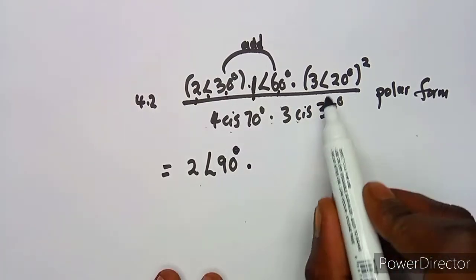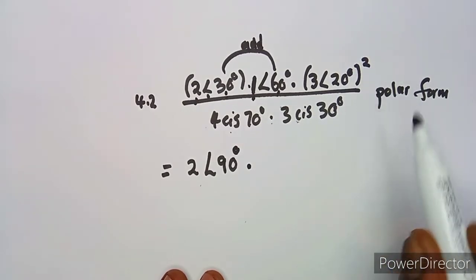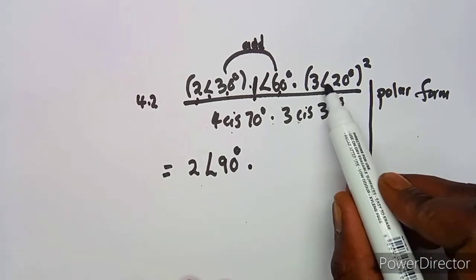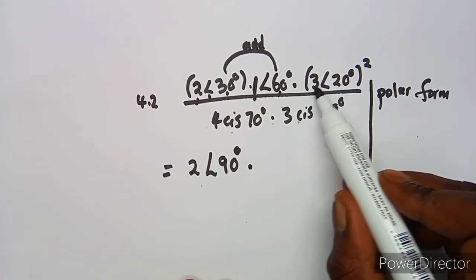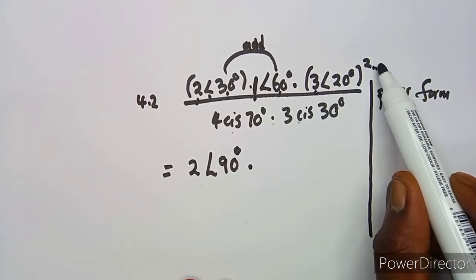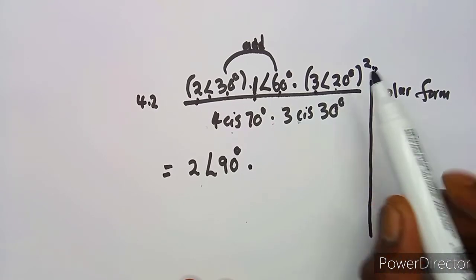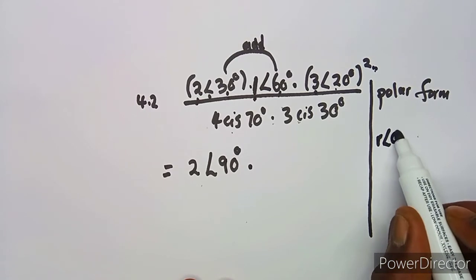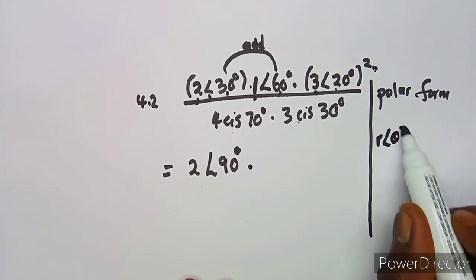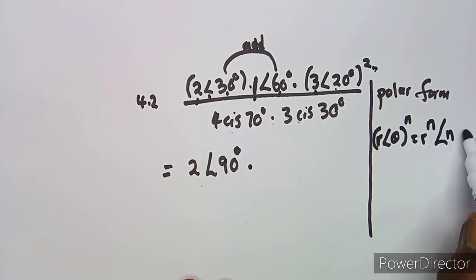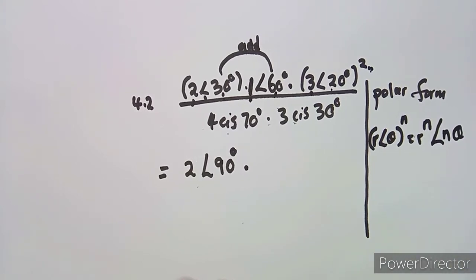So you move on to this part here. There is an exponent here, which means you're going to apply de Moivre's theorem, which says that if there's an exponent, the number is going to be raised to the exponent, and the exponent multiplies the angle. Let me write it like this: r theta to the exponent of n is equal to r to the exponent of n, n theta. So that is the concept, guys.